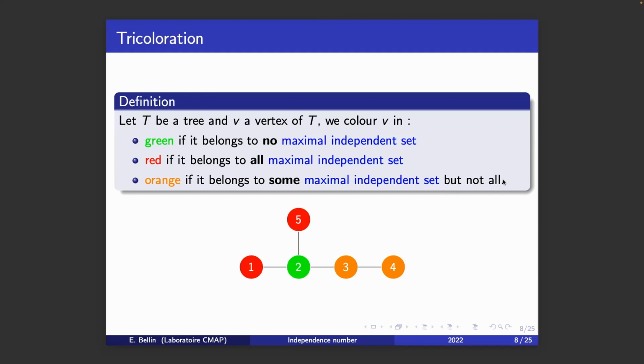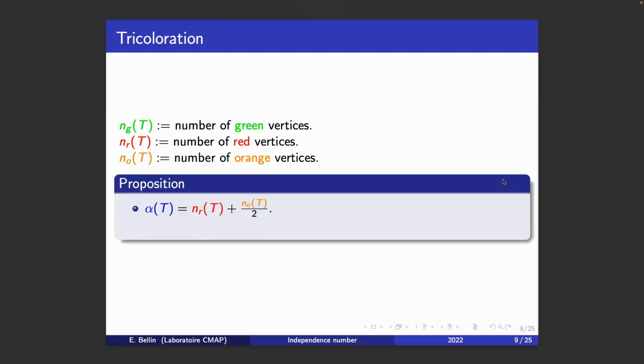Fine. So why do we care about this tricoloration? Well, it turns out we have a really simple formula. If I call NG, NR, and NO the number of green, red, and orange vertices in a tree, the independence number is the number of red vertices plus the number of orange vertices divided by 2.